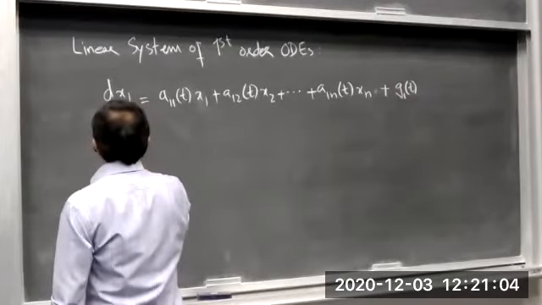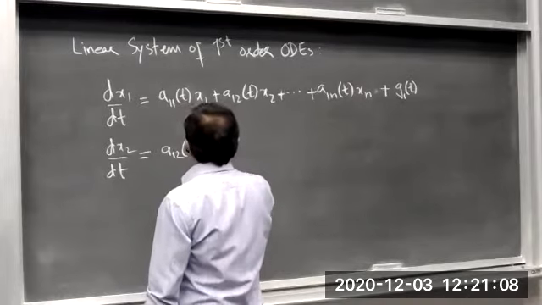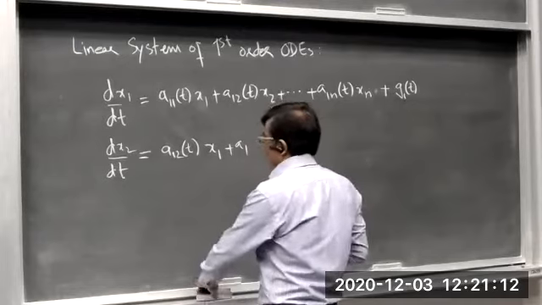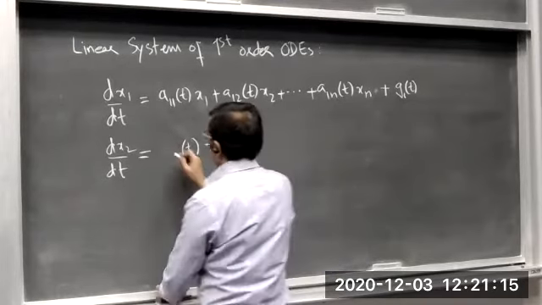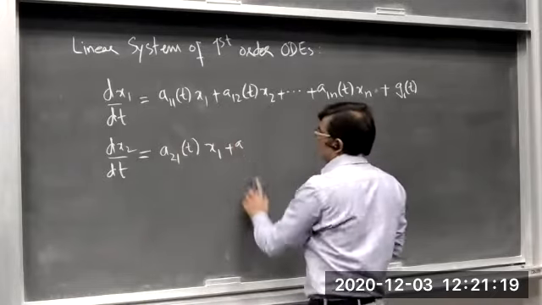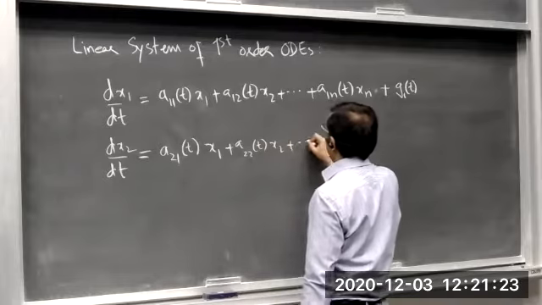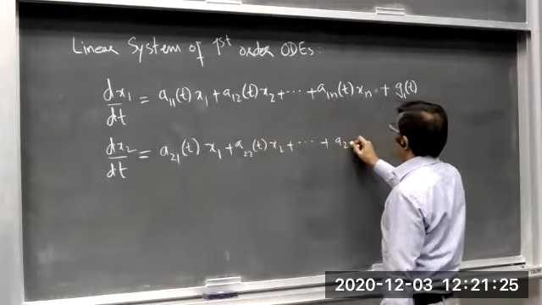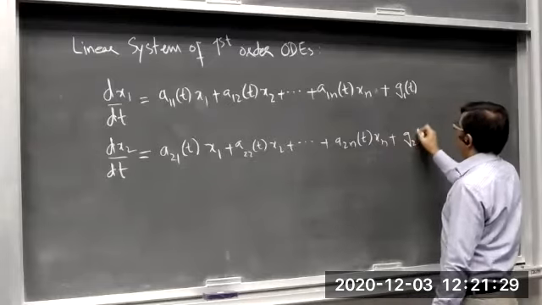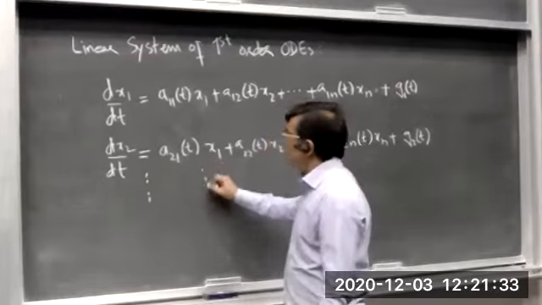And then dx2 by dt is equal to a21 of t x1 plus a22 of t x2 plus so on plus a2n of t xn plus g2 of t. This will be the second one, and so on.